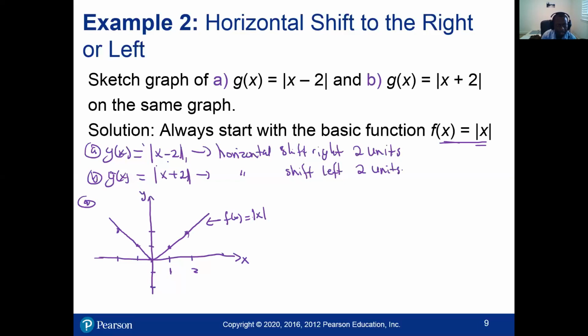Now, part A says that we are moving right 2 units. So every point on the curve is going to move 2 units to the right. The origin is going to move 1, 2, so we move it to this point. It's going this way.